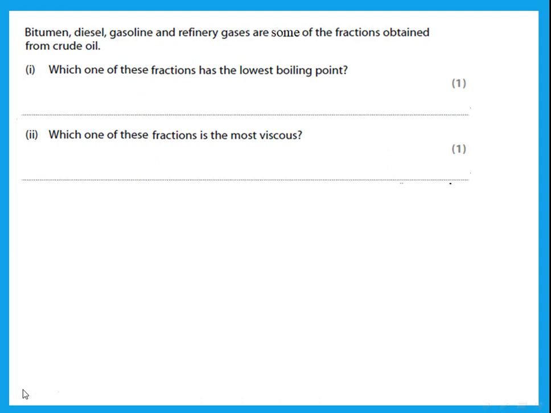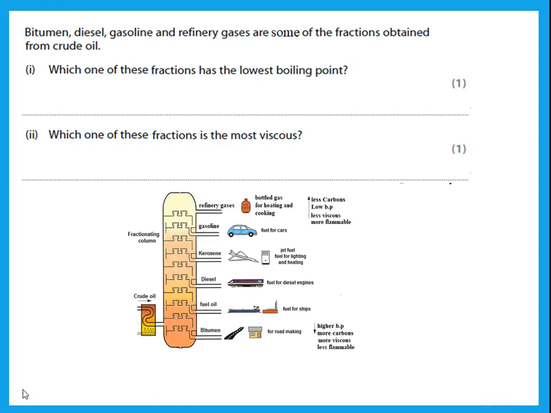Okay, the next question says bitumen, diesel, gasoline, and refinery gases are some of the fractions obtained from crude oil. Which one of these fractions has the lowest boiling point? So let's remember. Do you remember this? You're supposed to know the names and the order and the uses of each of these fractions.